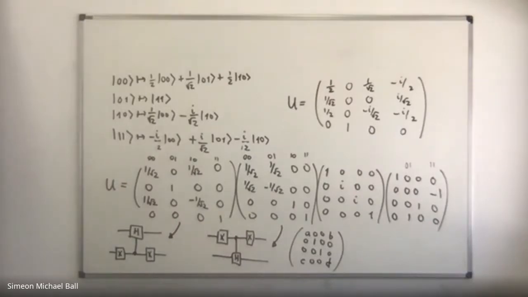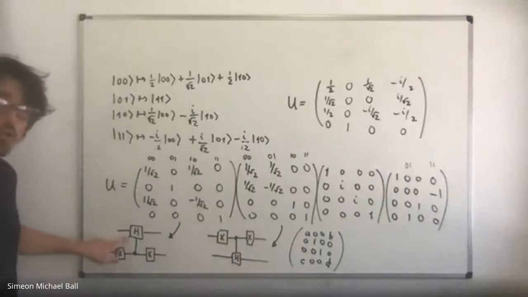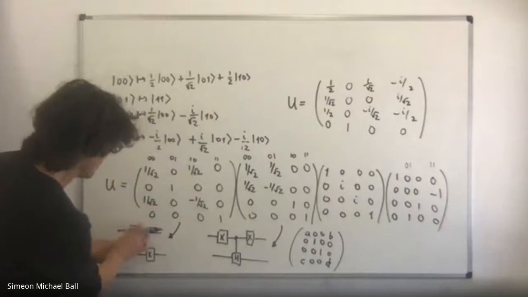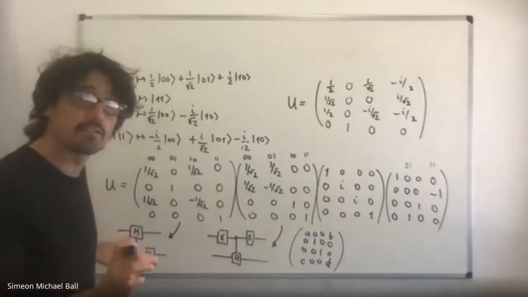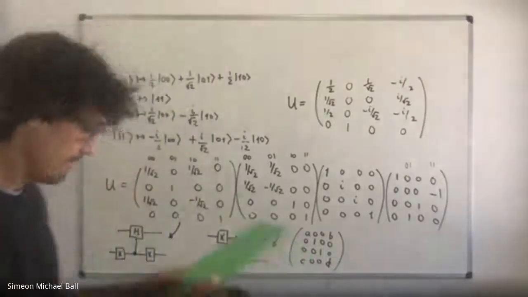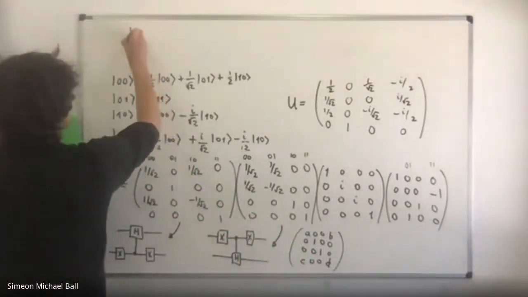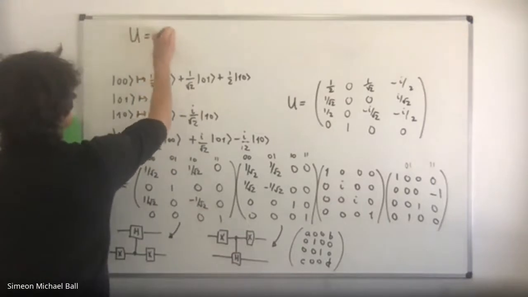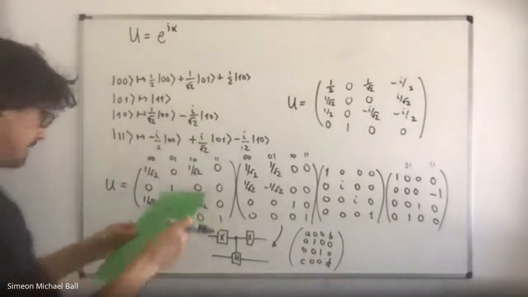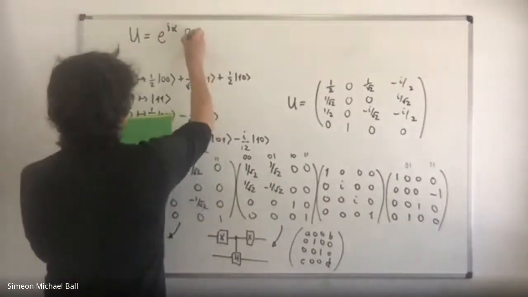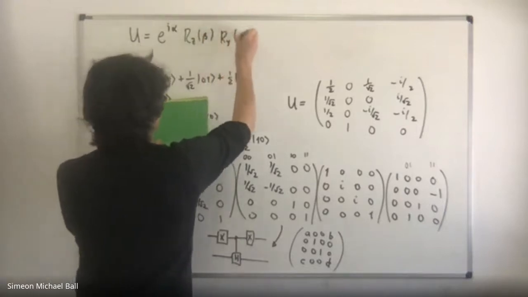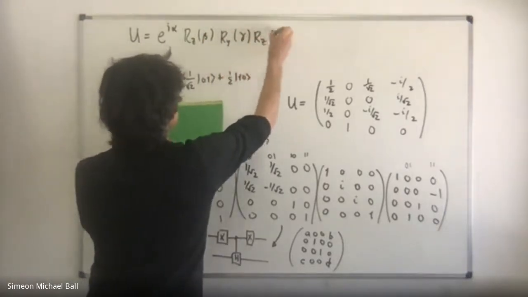Before I do that, of course, we already saw that the unitaries we could break down. So once we get down to our unitaries, we can then break down the unitary into the decomposition of the rotational matrices. So we saw before that U can be written as e to the I alpha Rz beta Ry gamma Rz delta.